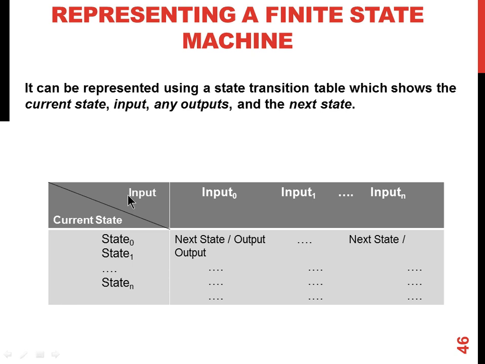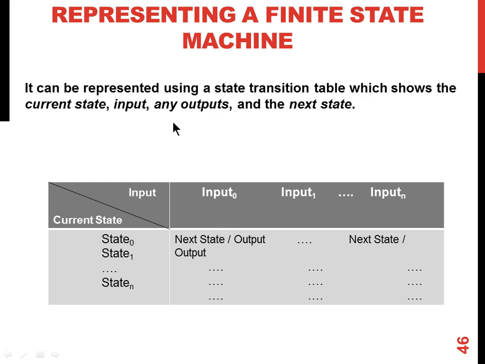So the current state can be the reset state, and then it goes from that state to the next state of the finite state machine based on certain input combinations. And the outputs are generated when it is in one of the selected states. So each state, depending on what it is, output can be generated in a particular state.